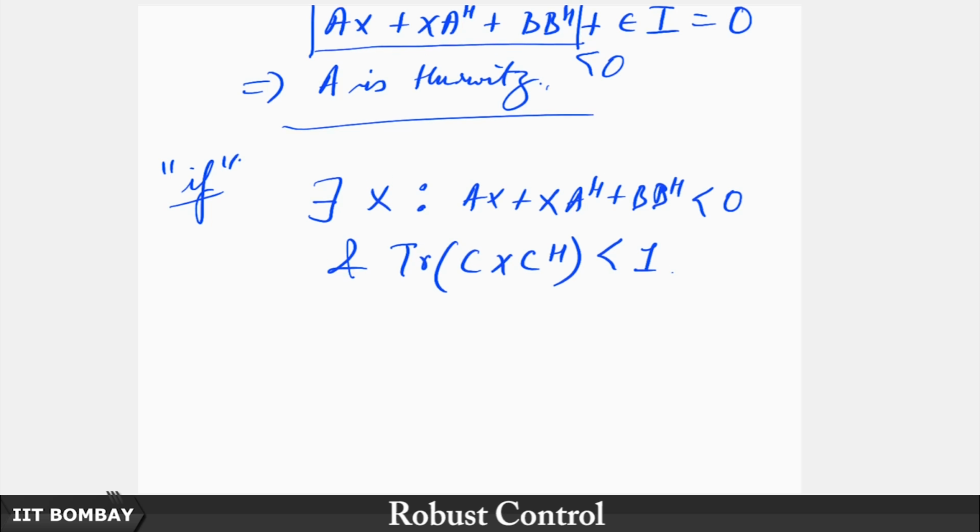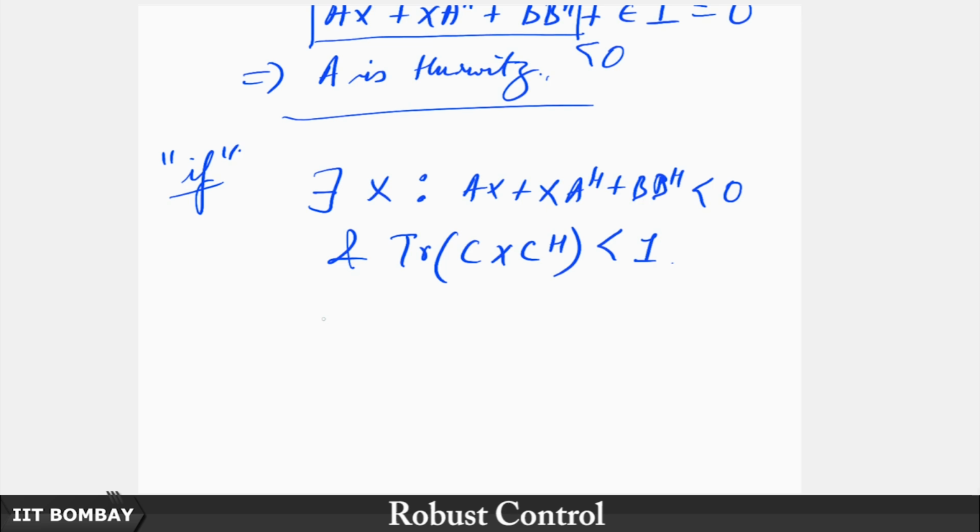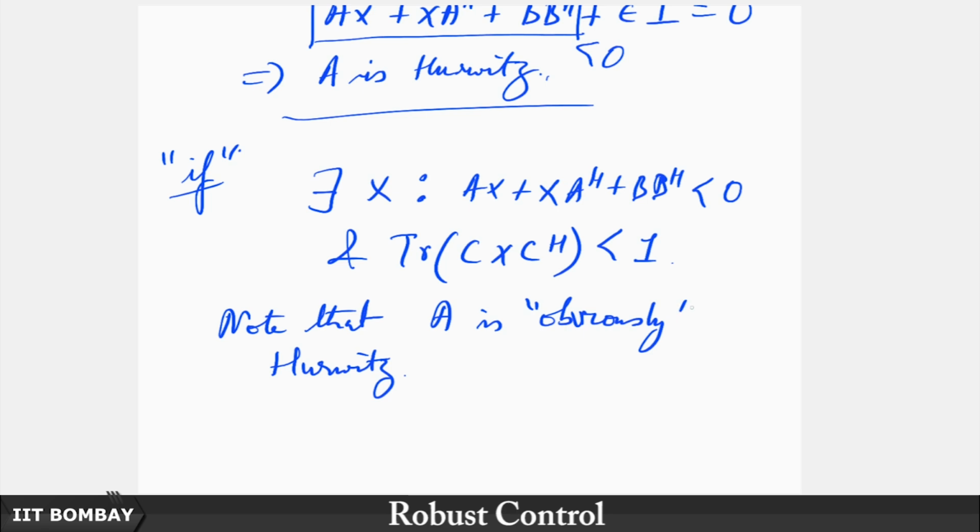Okay. So, this is what we have to show. And obviously, note that A is obviously Hurwitz. You must be very careful when we make claims like obviously, and ask yourself if they are indeed obvious. Why do you think A is Hurwitz?